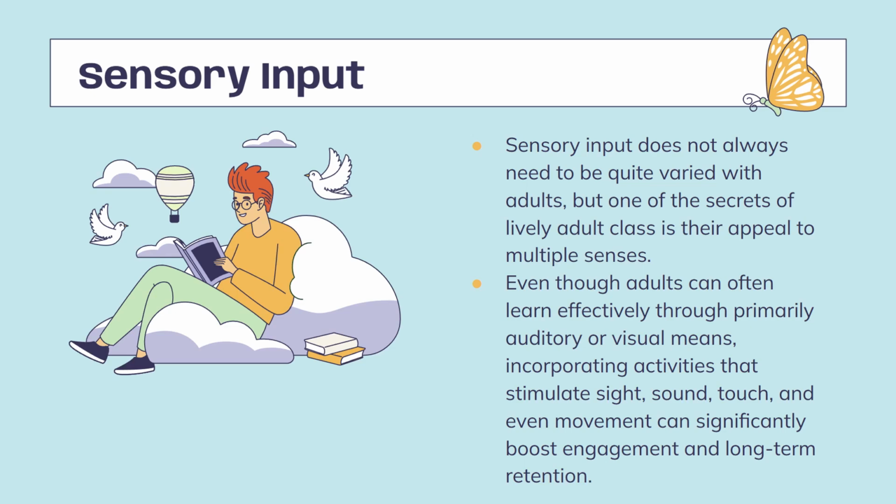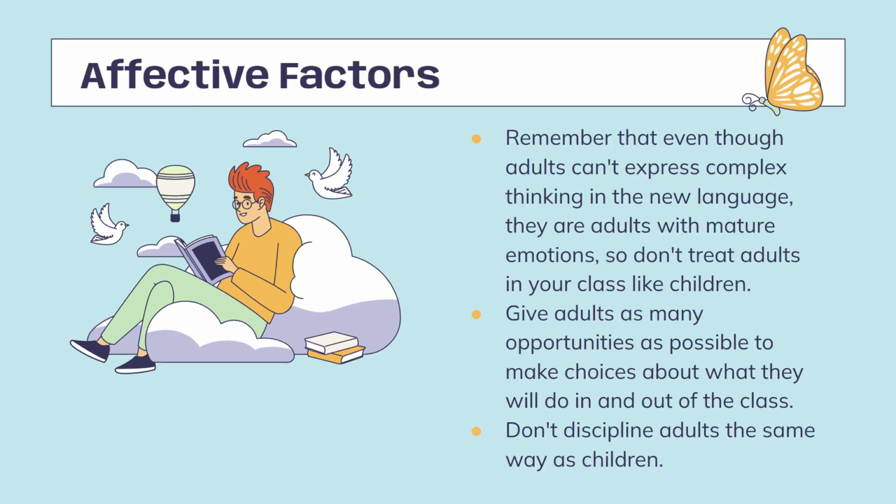Even though many adults can learn well just by listening or looking, if you add other senses like touching things or moving around, it makes the lesson more interesting. This also helps adults stay engaged and remember what they learn for a longer time.